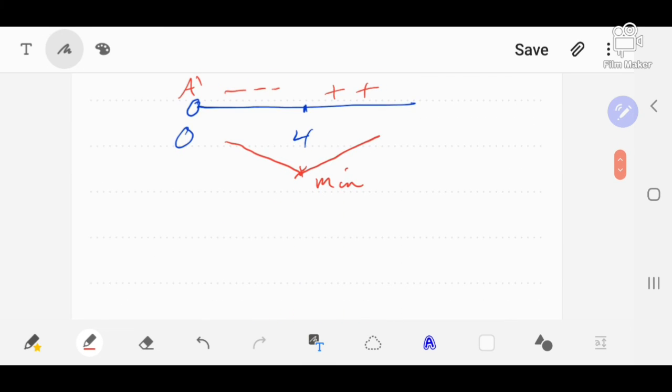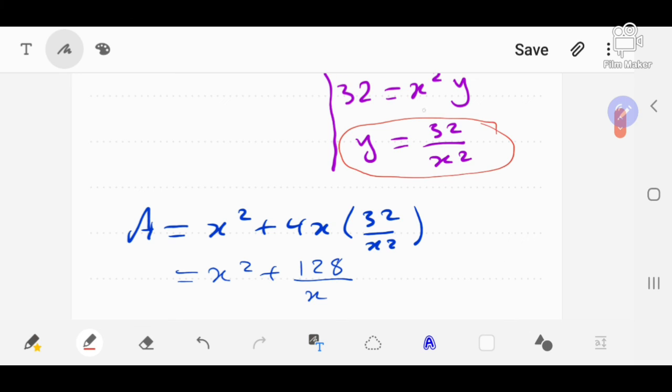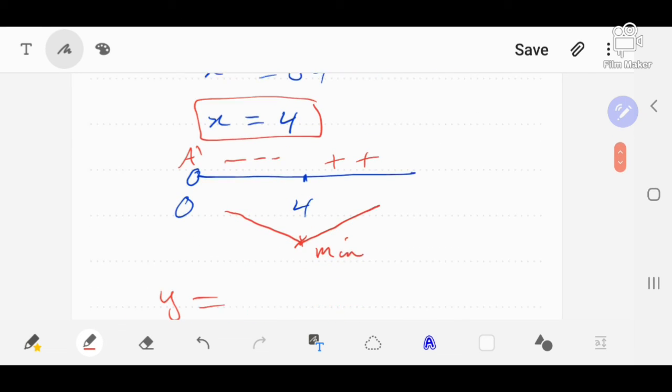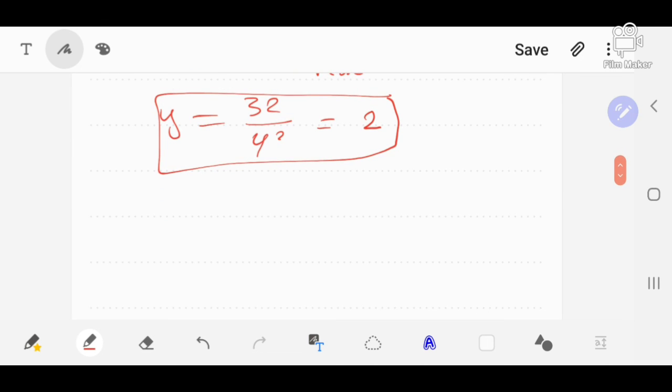What about y? You can find it from this relation here. So 32 over 4 squared, and that will give you 32 over 16, which is 2. So the dimensions of the box should be 4 by 4 by 2.